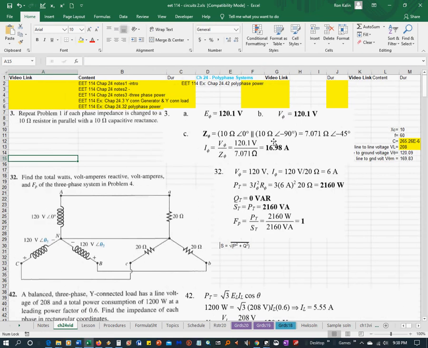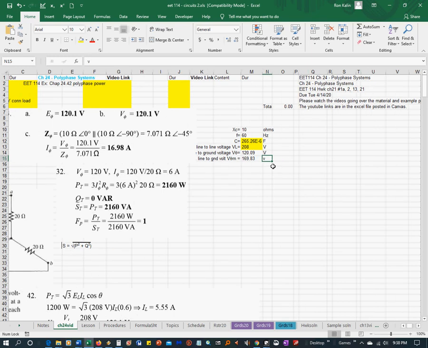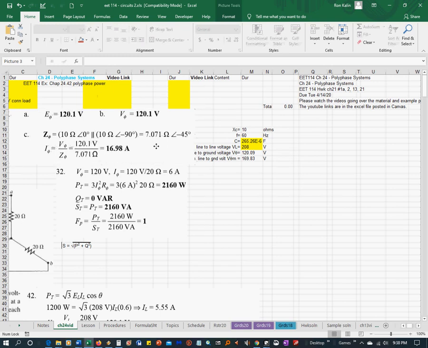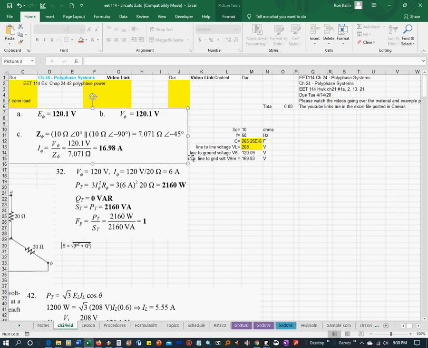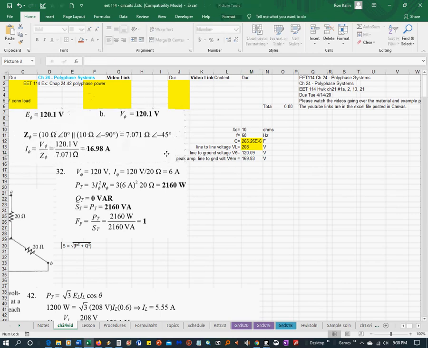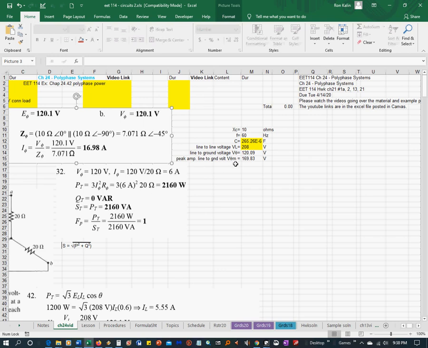So I picked a frequency, 60 hertz, and this is the line-to-line voltage here, and this is the line to ground voltage, and the peak amplitude line to ground voltage is about 170.